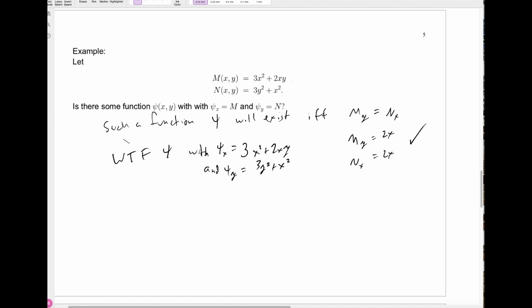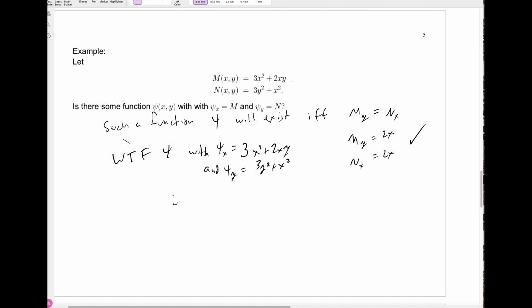We can start with either one of these equations. Just as a habit, I start with the one involving the partial with respect to x, but everything will work out just the same if you start with the other one. So let's start with this first equation. We ask, if we need a function c whose partial with respect to x is this function, 3x squared plus 2xy, what does c have to be?